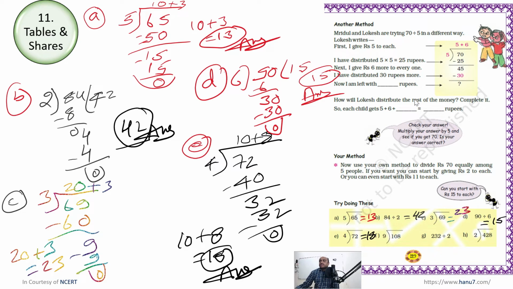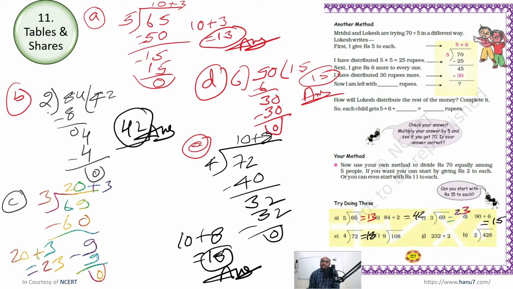Now we will go with the B bit. B bit is 84 divided by 12. Since it is mentioned, we have to go for the traditional method. I wrote 84, took brackets on both sides, and 2.